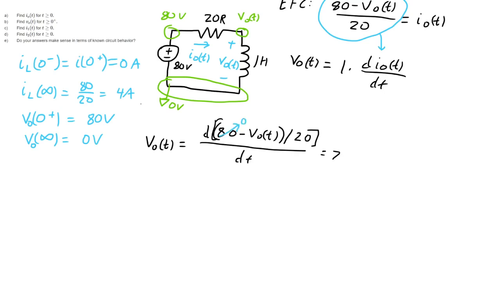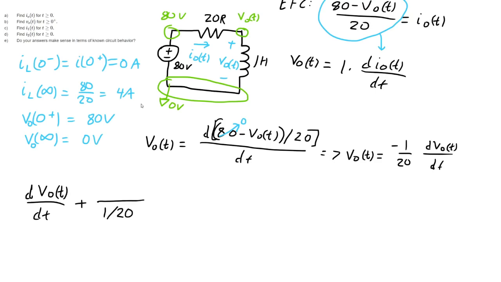So we're left with v_o(t) equals negative 1/20 times dv_o/dt. Moving it to the other side to get our standard form, it becomes plus, and we're going to divide by 1/20, which incidentally is tau.